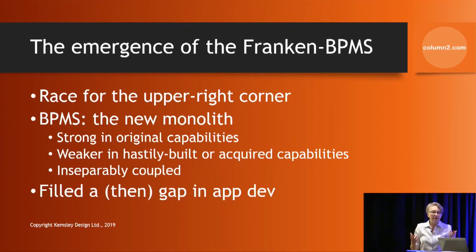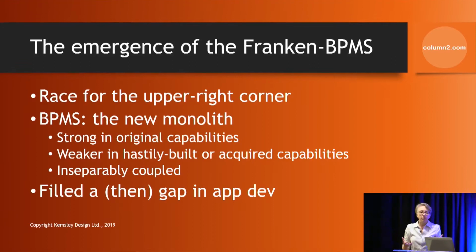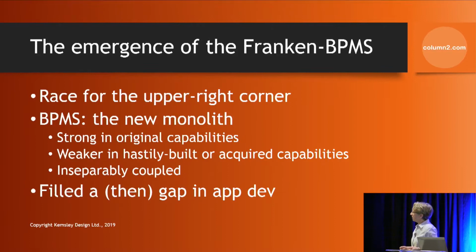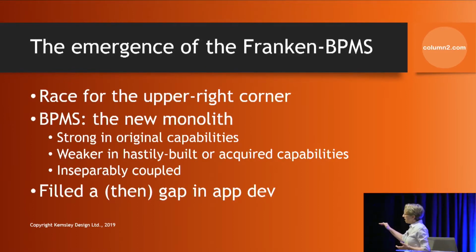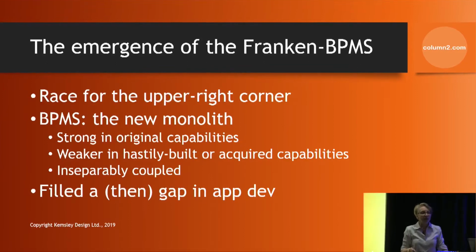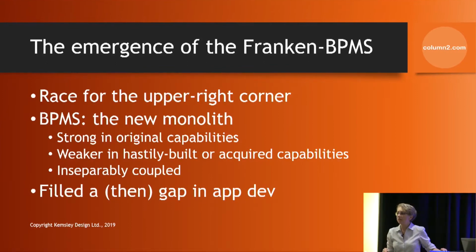So there were a lot of issues around why this new monolith was not going to work out in the long term. But at that time, when the big analysts defined this as the way the BPM system should go, there was a gap in the application development space, and that gap was around a lot of the model-driven development. I don't want to say low-code; I'm going to say model-driven development. The model-driven development that we wanted, to be able to create applications much more quickly, was just not there yet.